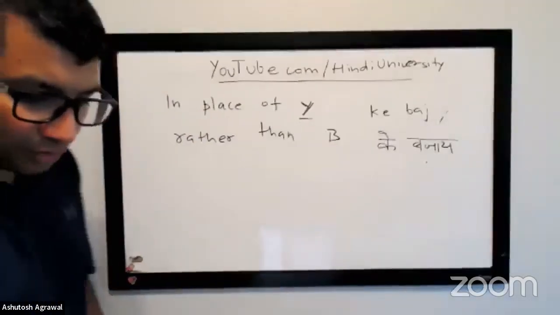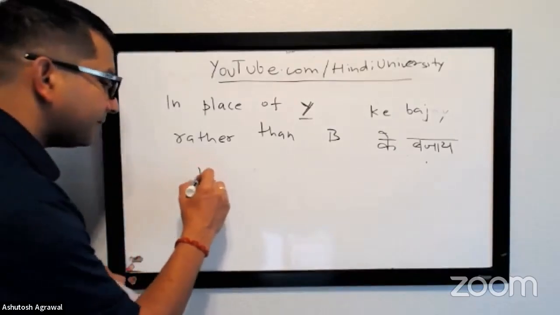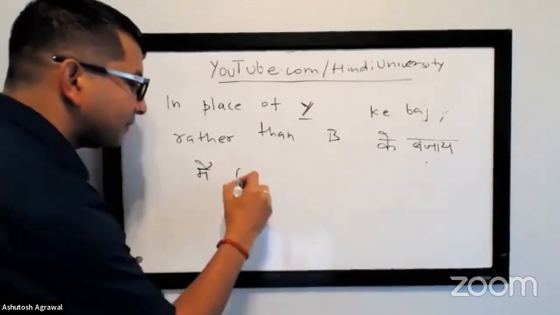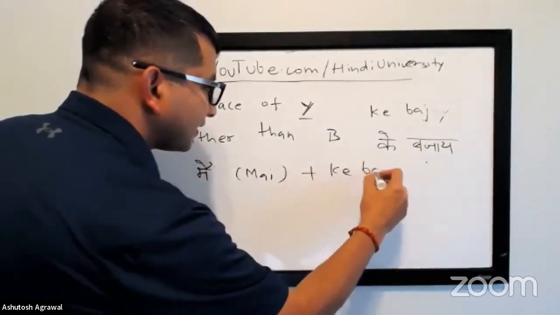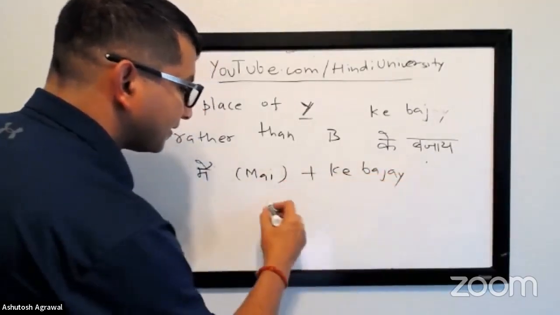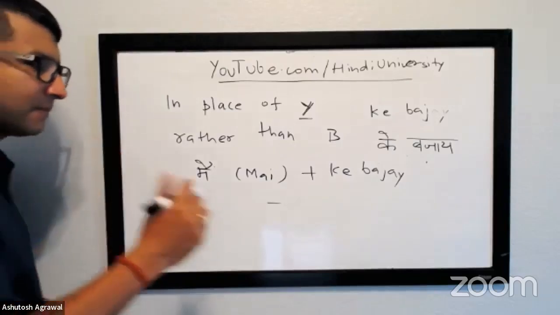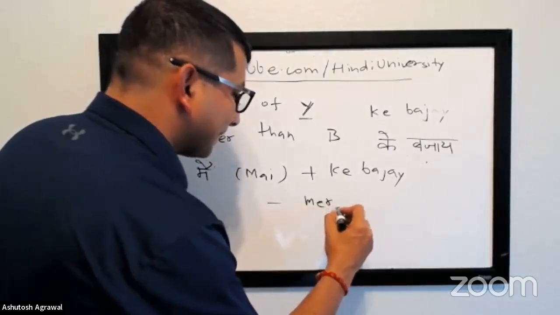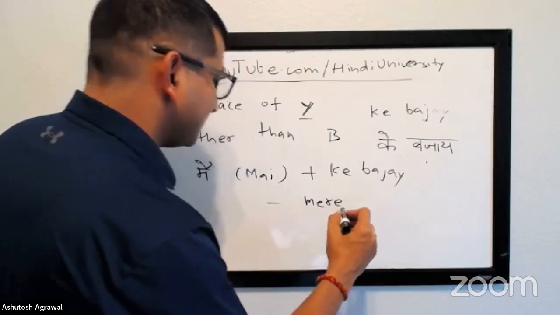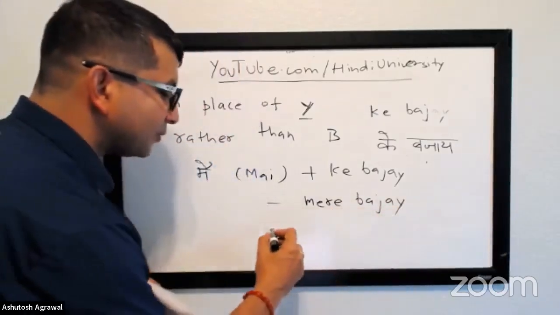So far we've tried different nouns, but now let's say you have मैं, which is I, and you have के बजाय. What do you think it would be? Mere bajaye. Yeah, very good. मेरे बजाय. Similarly, try more.